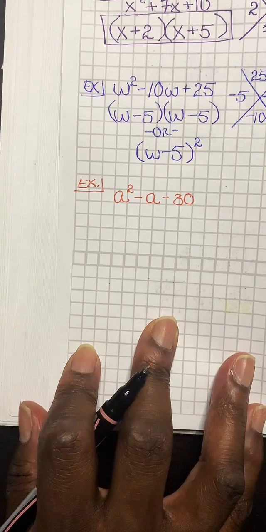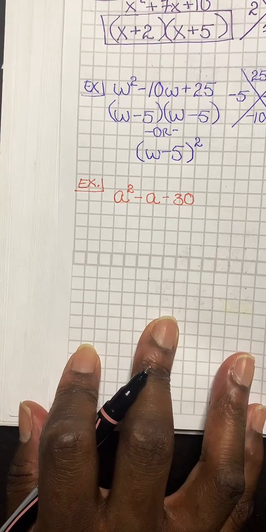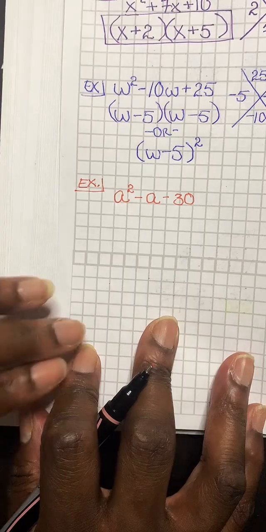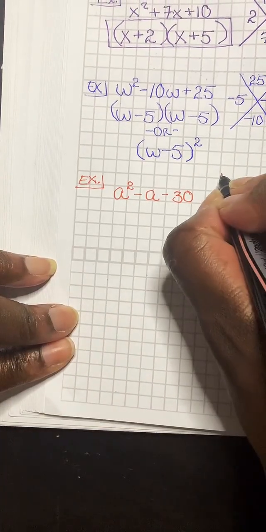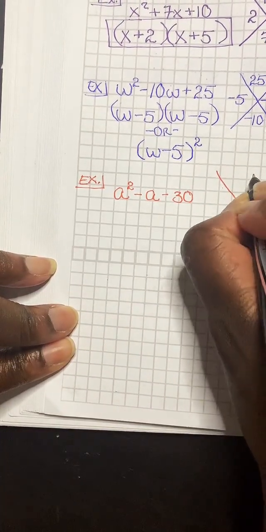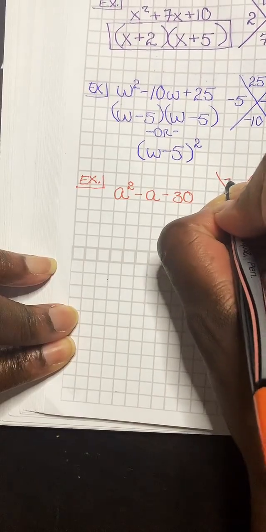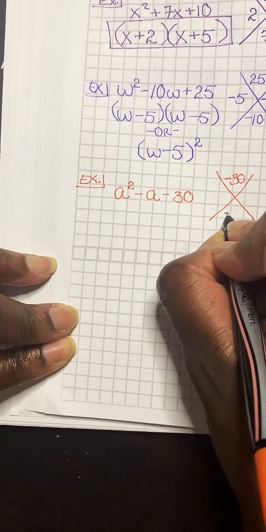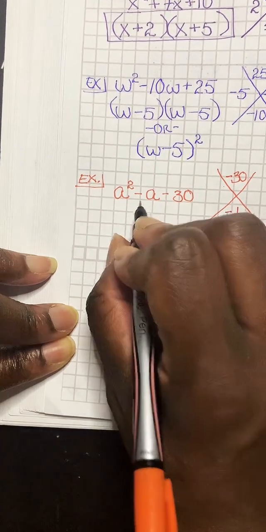Okay, so I have two answers here. I have a 15 and 2. Cyrus might want to take a look, because it's got to be two numbers that multiply to give us a negative 30 and add to give us a negative 1.